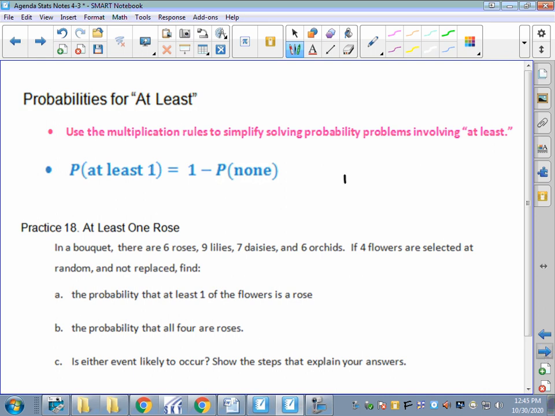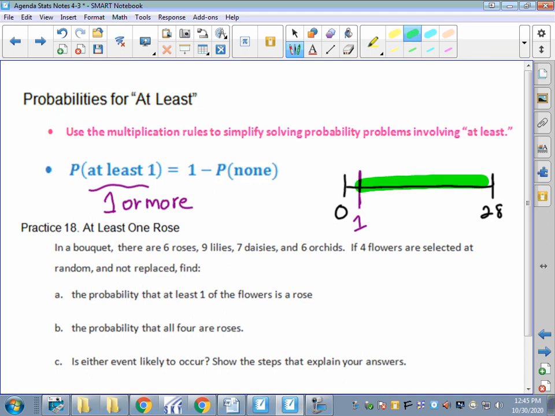So let's say I've got 0 to 28 flowers. I want to know the probability of at least 1. So at least 1 is 1 or more, right? So I want to know the probability that there is 1 or more flowers that I'm choosing.